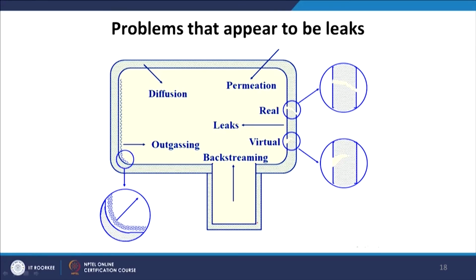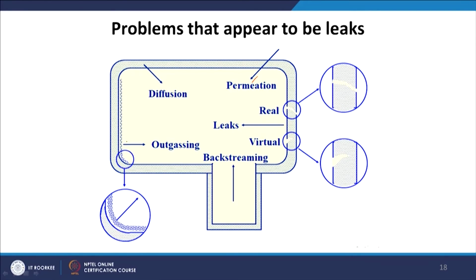There are several problems that can appear due to leaks, or problems that appear to be leaks, and we should not be confused and think this is a leak. For example, there can be diffusion from the inside or the outside wall of the chamber. There can be permeation, where gas molecules permeate from outside to the inside of the chamber.